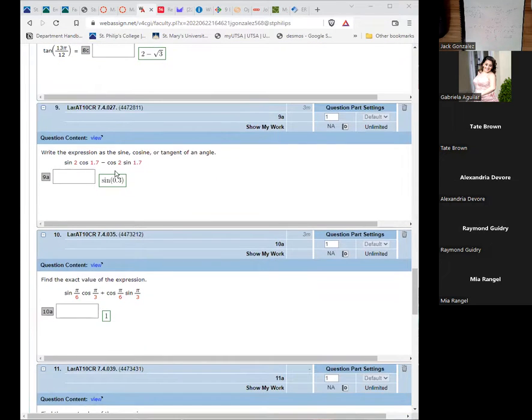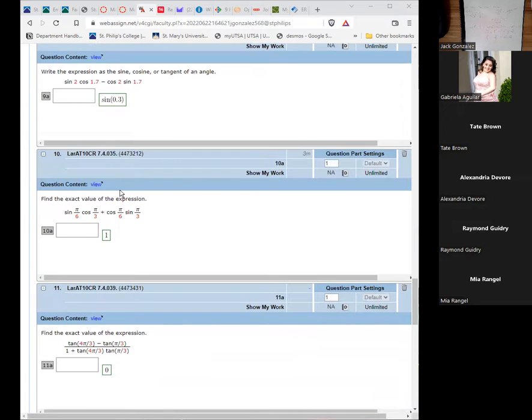Over here, you need to apply the formula in the other direction, right? So this is sine cosine minus cosine sine, which is going to be the difference for sine. So if you use the difference, that's going to be 2 minus 1.7. So you just apply the formula in the other direction.